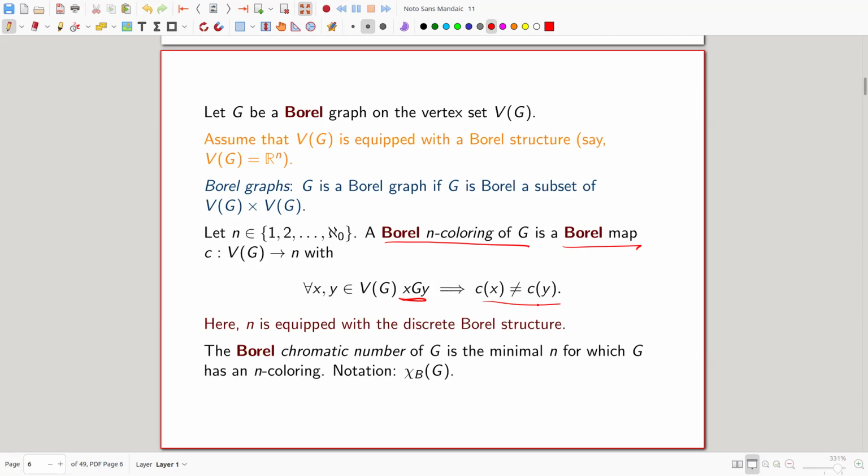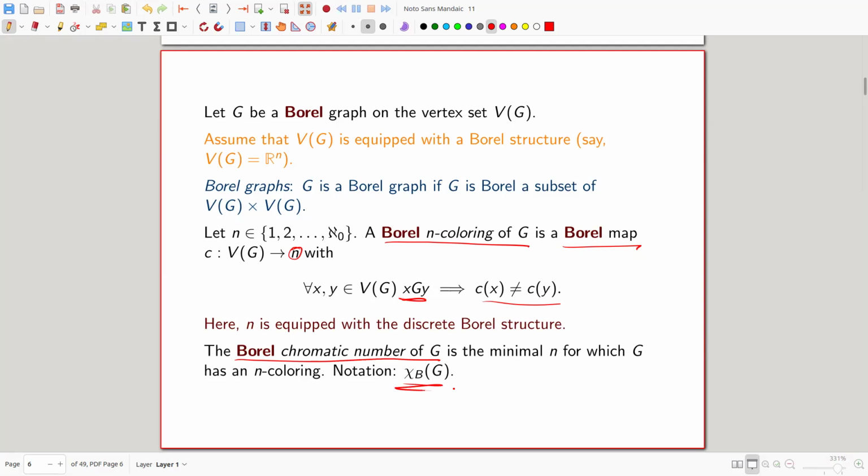We consider on n the trivial Borel structure as a discrete space, and then this map being Borel means that it is Borel measurable, or equivalently, that a Borel n coloring is an n coloring where all the color classes are Borel. Then the Borel chromatic number of G is the minimal n for which such a coloring exists.